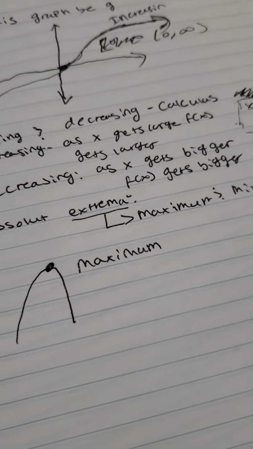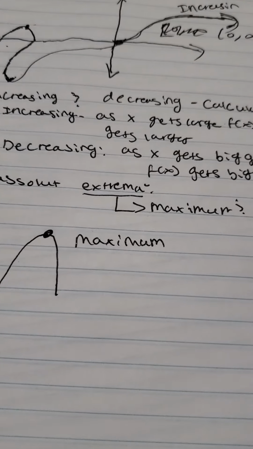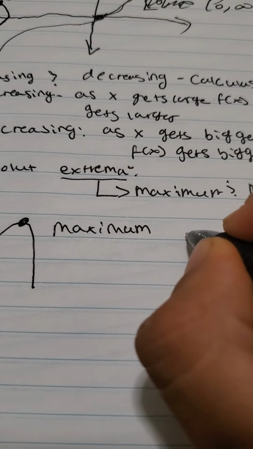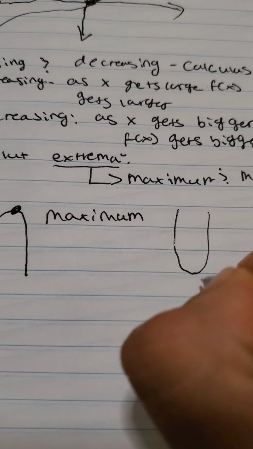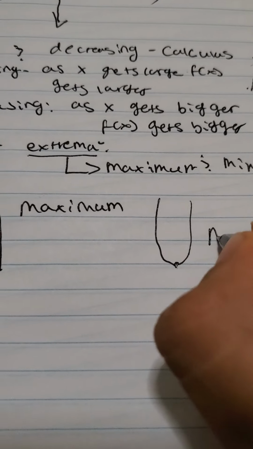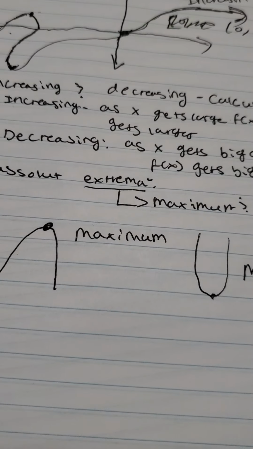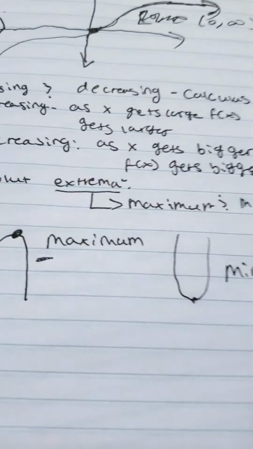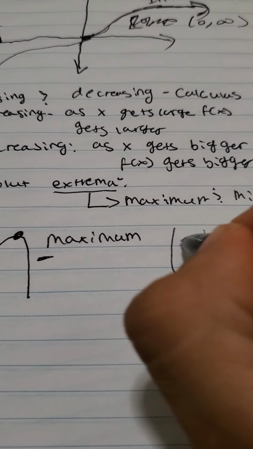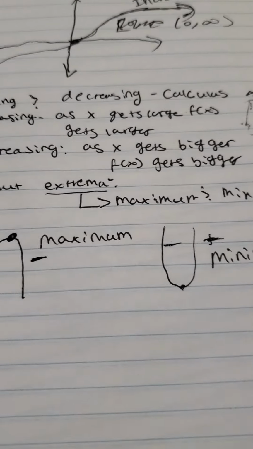We talk about this quite a bit in calculus 2 as well. And this is the minimum, pretty much. A maximum goes from increasing to decreasing, and a minimum goes from decreasing to increasing.